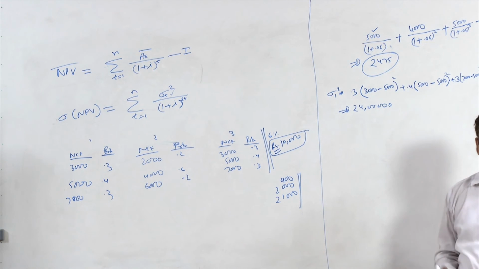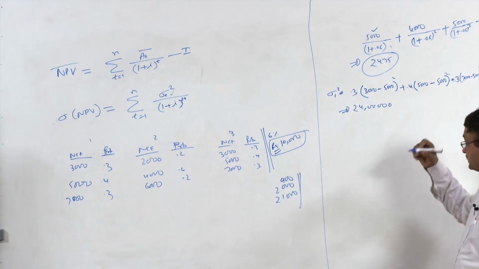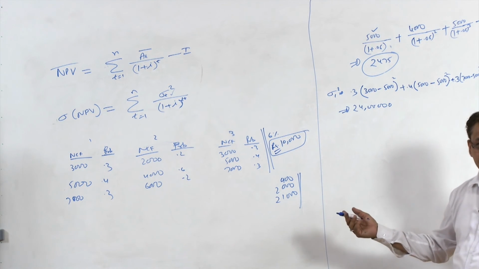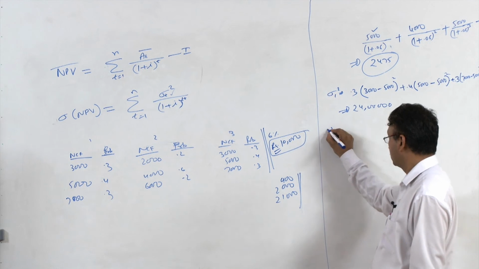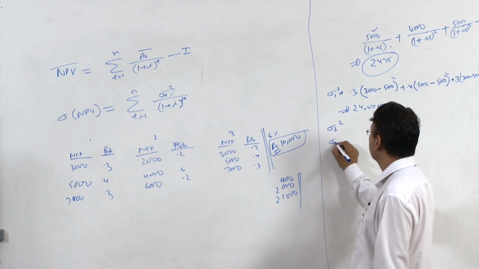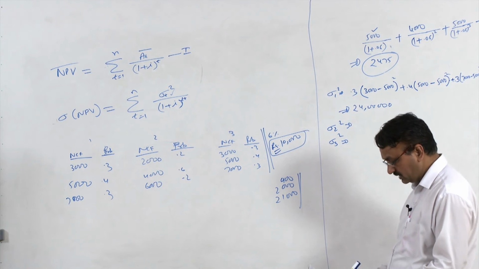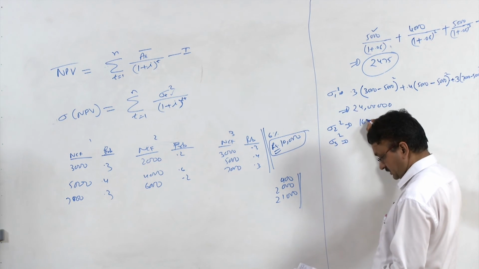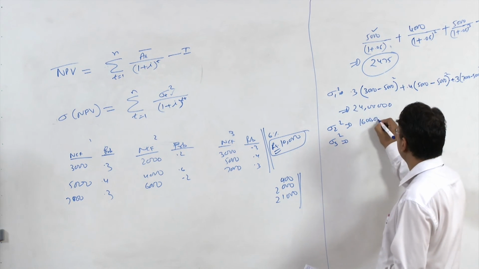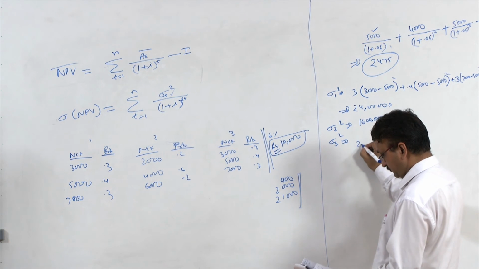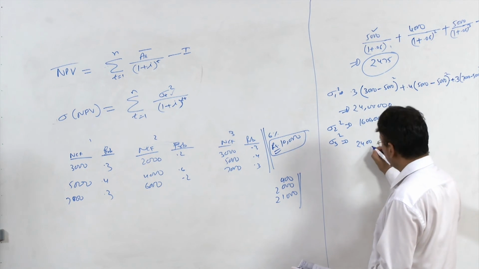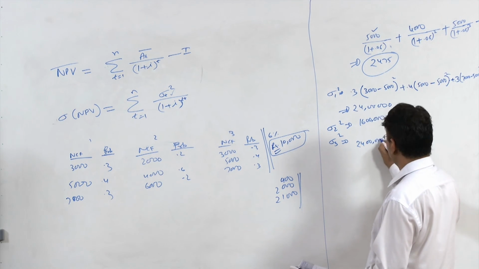Similarly, you can calculate the variance of the second year and third year, right? Let me write those values for your convenience: 1,600,000 and 2,400,000, right?